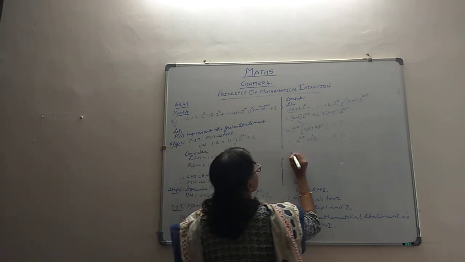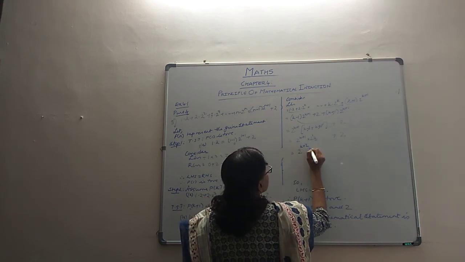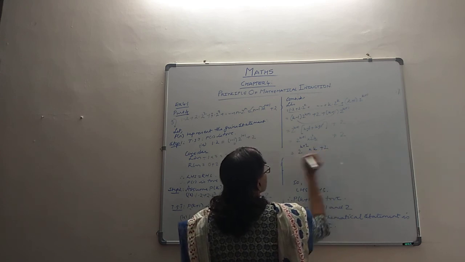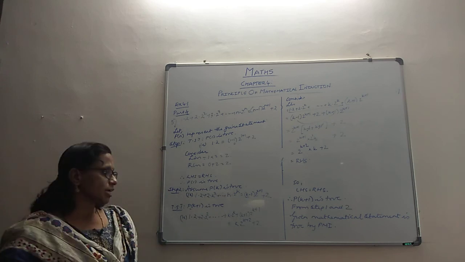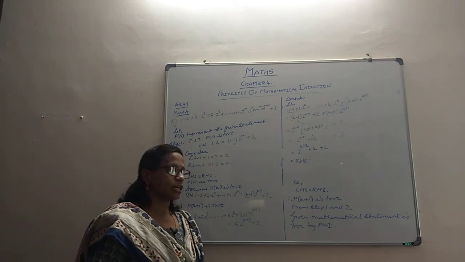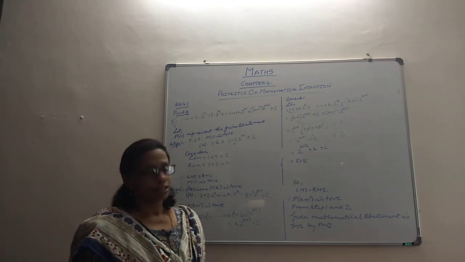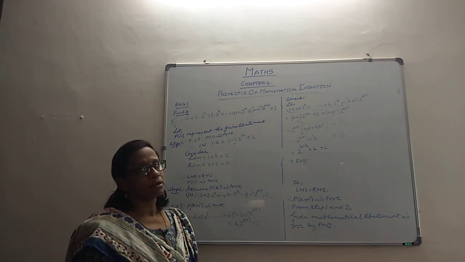Like that, this will come to 2 raised to k plus 1 plus 1, that is 2 raised to k plus 2 times k plus 2. That's our RHS. And that's how we get LHS equal to RHS. So P of k plus 1 is true. From steps 1 and 2, the given mathematical statement is true by PMI. So this was our problem 7 and 8. We will be taking up the next problem in the next part.